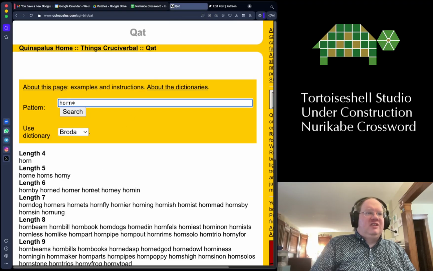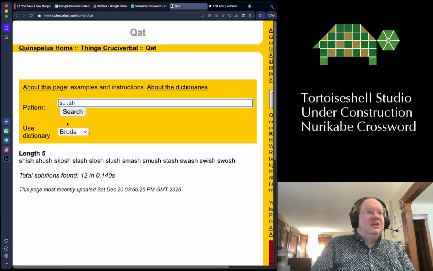Hornet would be great because of the T to finish off Dead Man's Chest. So let's try. What do we have for this?